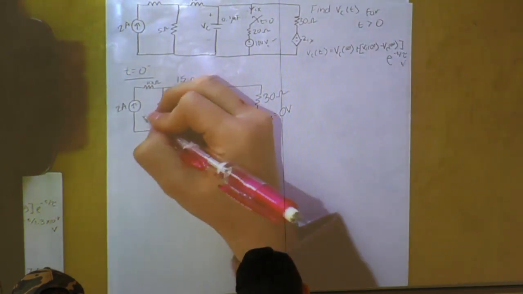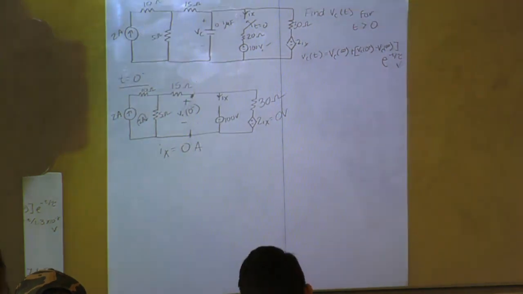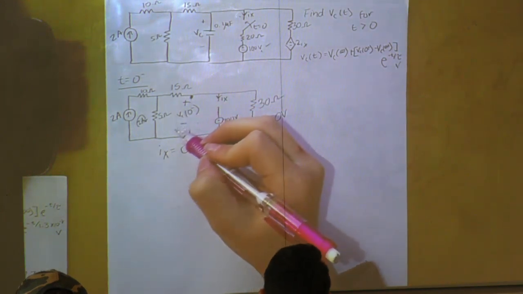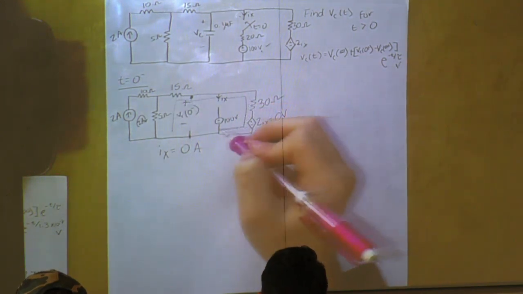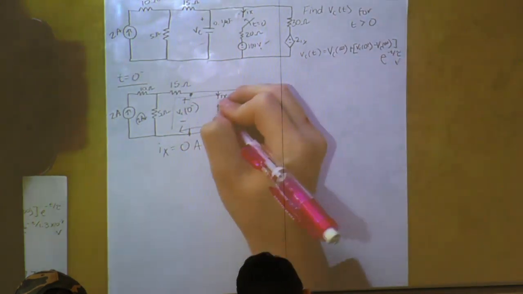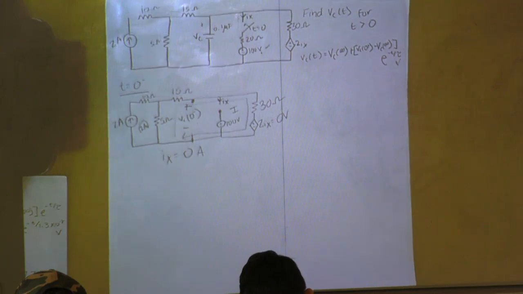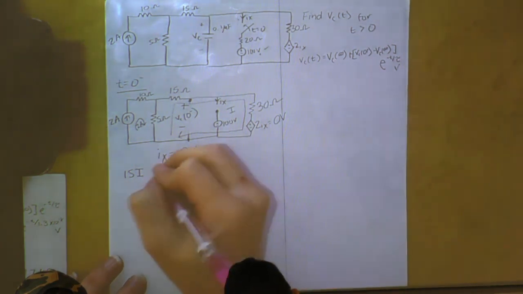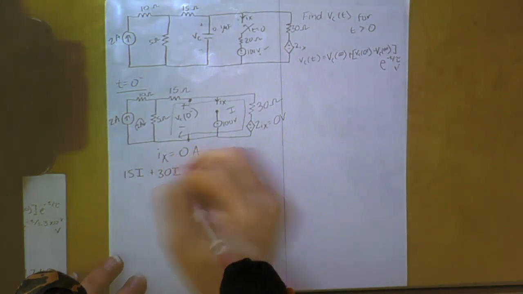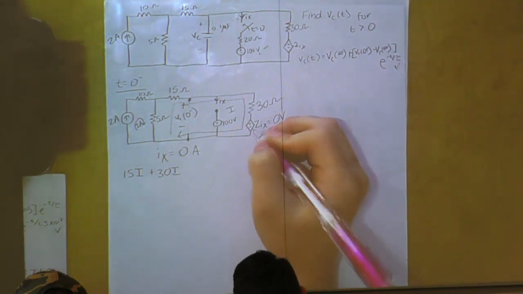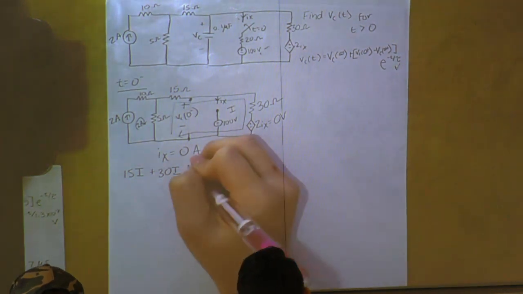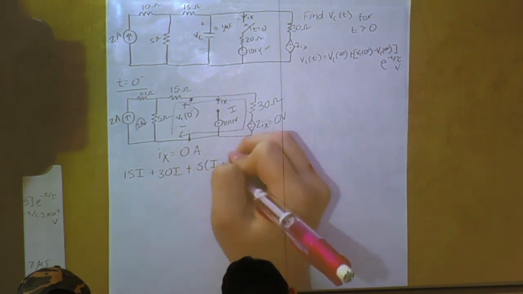So now we can go ahead and do meshes. We know this current is 2 amps, right? We could do a mesh around here, and that'll be our I. So we have 15 times our I plus 30 times our I. This is 0 volts, so we'll just have plus 5 times I minus 2.